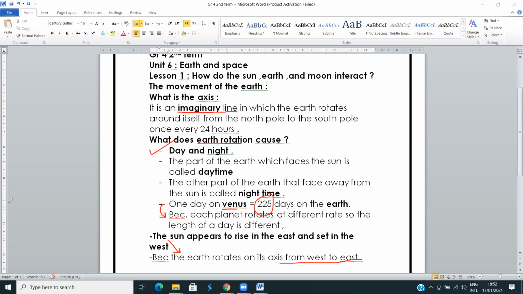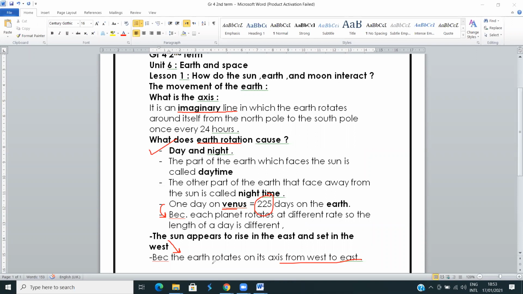The other one, Nawaf Al-Jarbu, how are you, Nawaf? Fine, inshallah, you are excellent. Yes, the sun appears to rise in the east and set in the west. Why? Because the Earth rotates.